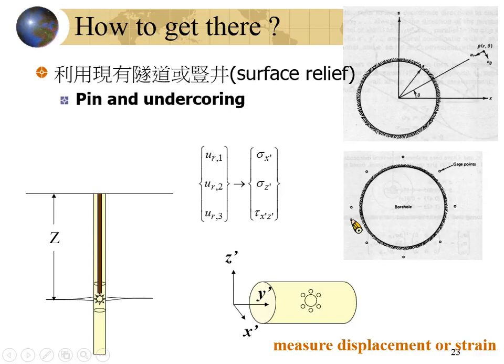One technology we call overcore. If you put the strain gauge inside the rock and drill a borehole outside the strain gauge, we call it overcoring. 中文叫做套钻法，套过去嘛，套钻法。If you measure the deformation surrounding the borehole and you drill the borehole and take this rock out, and those pins move toward this borehole, we call it undercore.